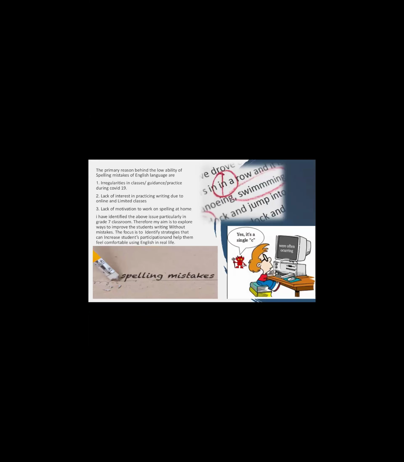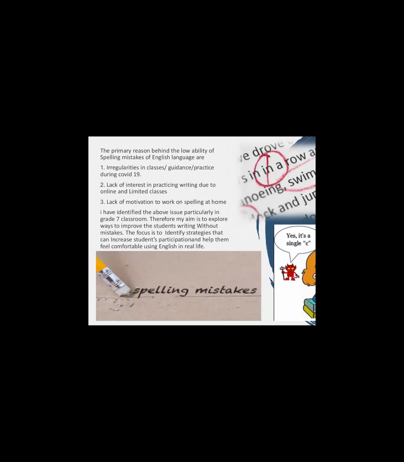As this is the background of the school, I think the primary reasons behind the low ability in English spelling are irregularity in classes, constant absences, and poor guidance at home.